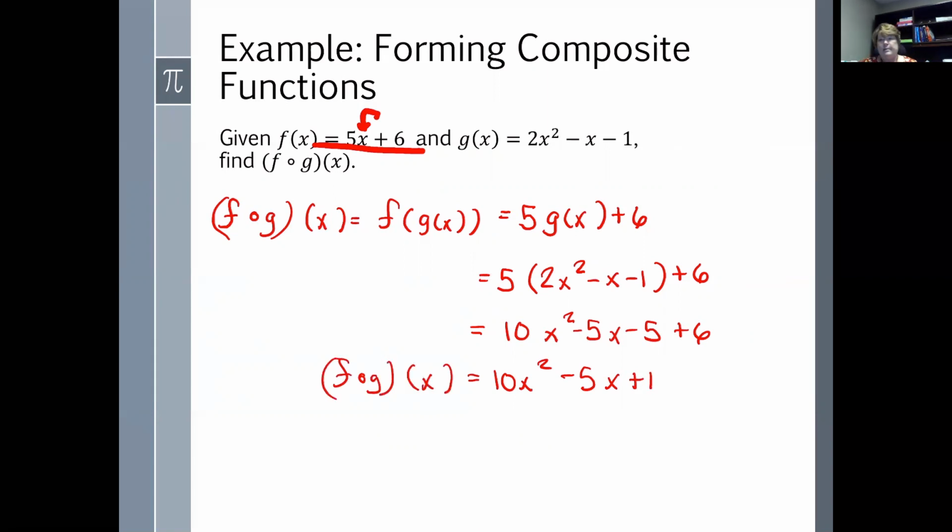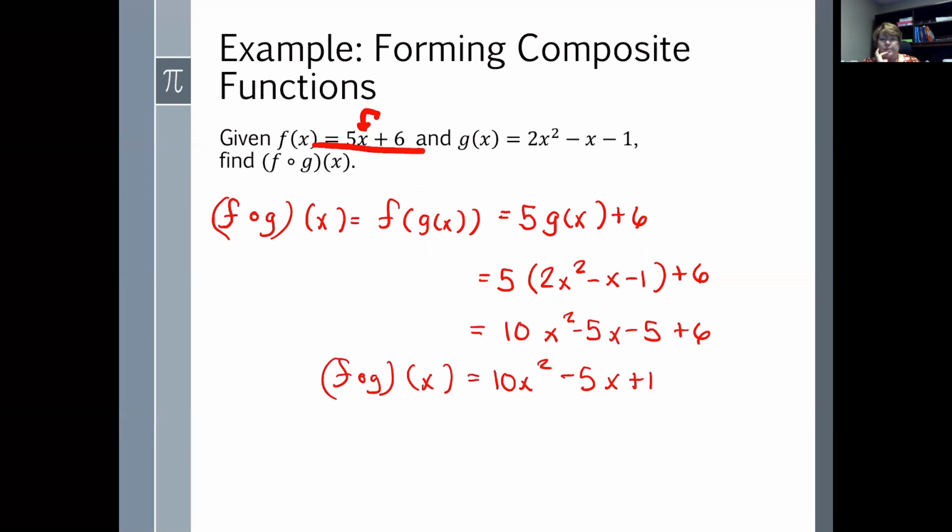All right, so let's talk about domain. If we look at g of x, x must be in the domain of g of x. Well, the domain of g of x is the set of all real numbers. There is no restriction on x when we're looking at g of x.